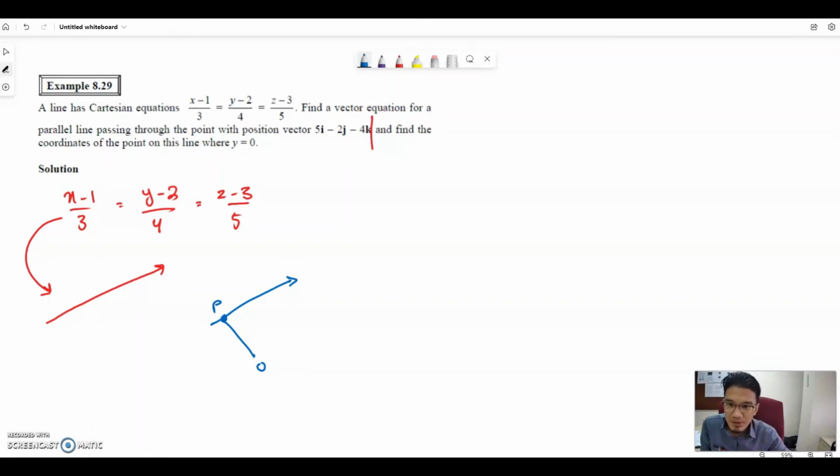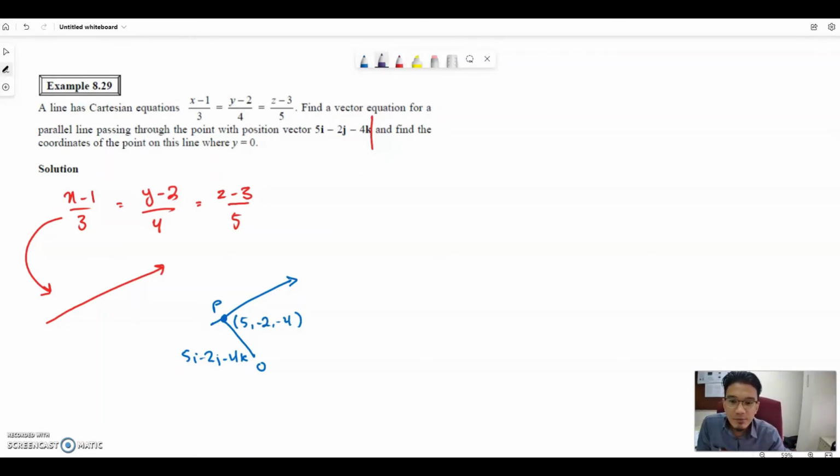Since it is a position vector, we know the coordinate for point P is actually (5, -2, -4). So this is our fixed point.